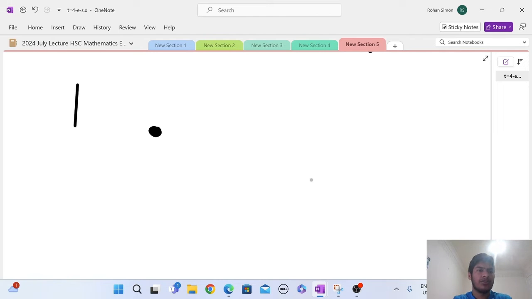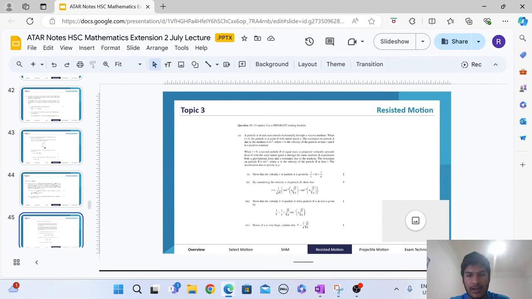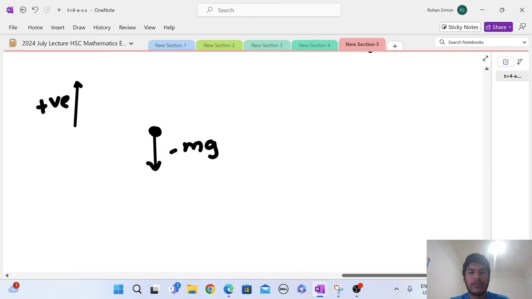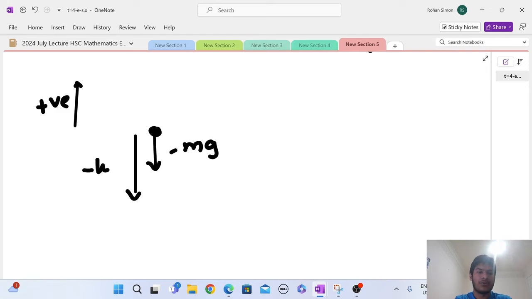So if we take upwards as positive, and we look at the forces that are acting on the system, we've got minus mg, gravity pulling it down, but remember mass is 1, so it doesn't really matter. And we've got a resistance of kw squared, which is also pulling it downwards. Because it's launched upwards, the resistance is also pulling it downwards, minus kw squared.